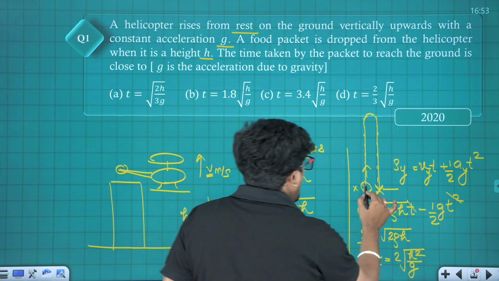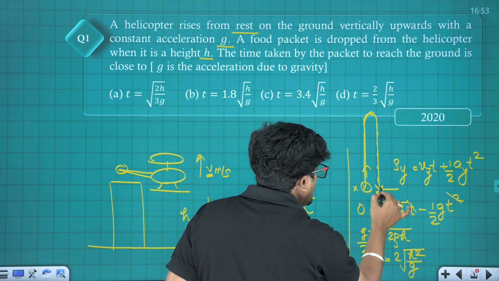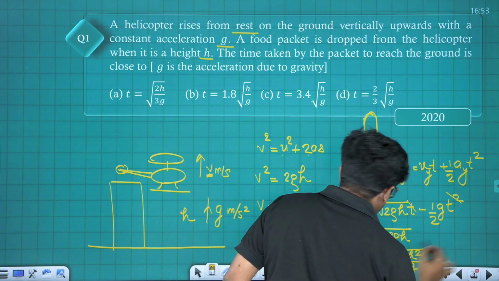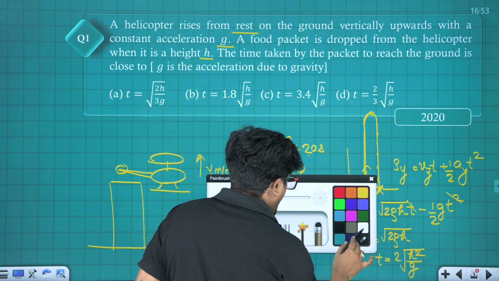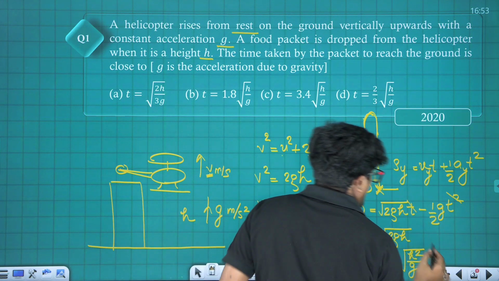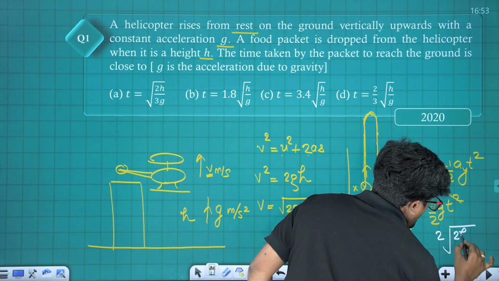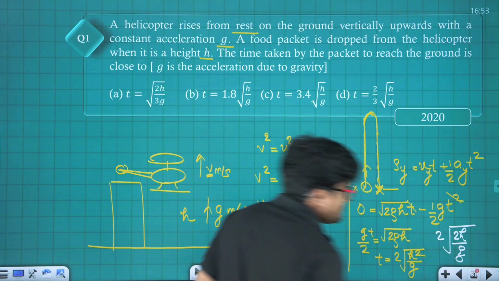So the time taken for the upward journey and coming back onto this particular point, I am getting it as 2 times under root of 2h by g.